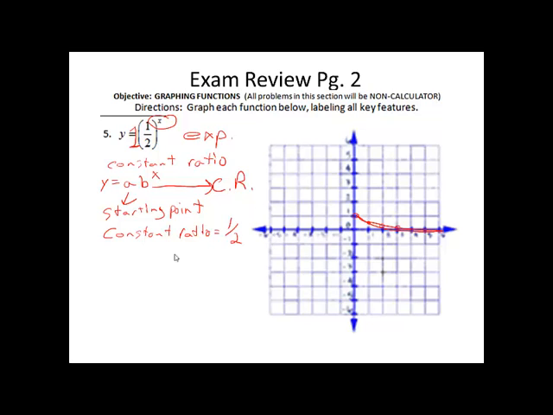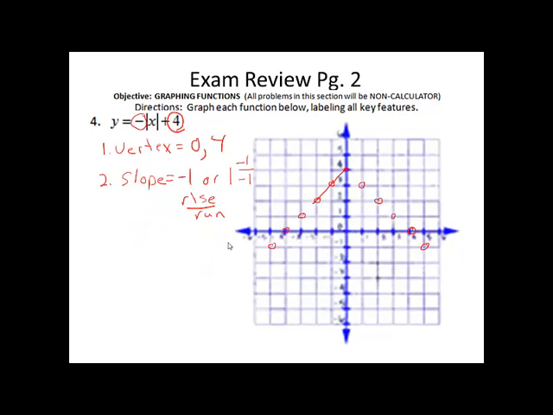Well, let's go to the left of the y-axis, or negative x values, and we say when x is equal to a negative 1, x is equal to a negative 2, okay? So we put in 1/2 to the negative 1 power, and that is going to be equal to 2.